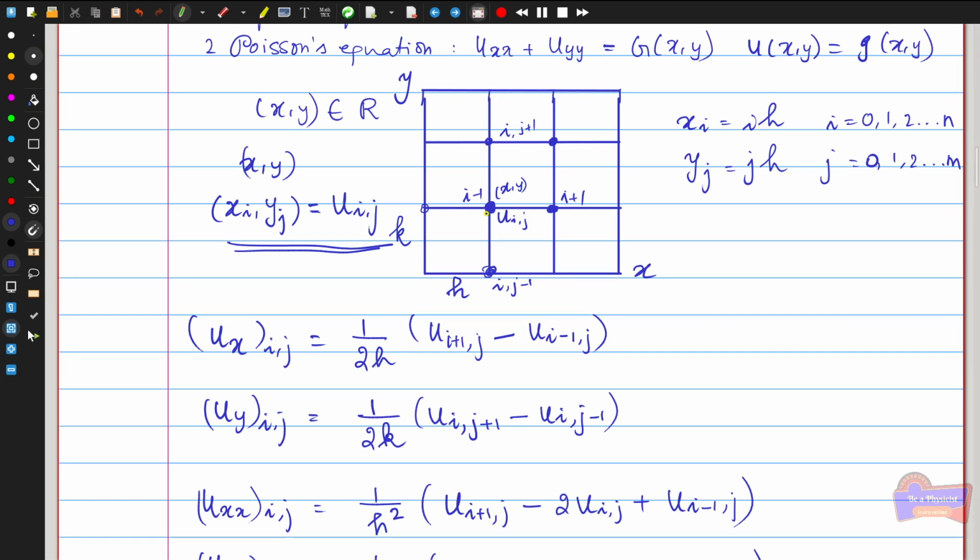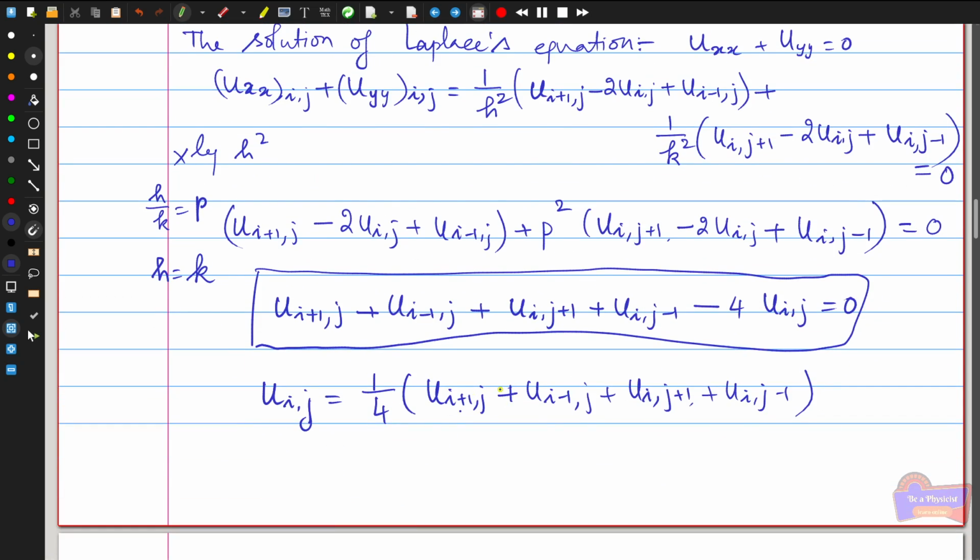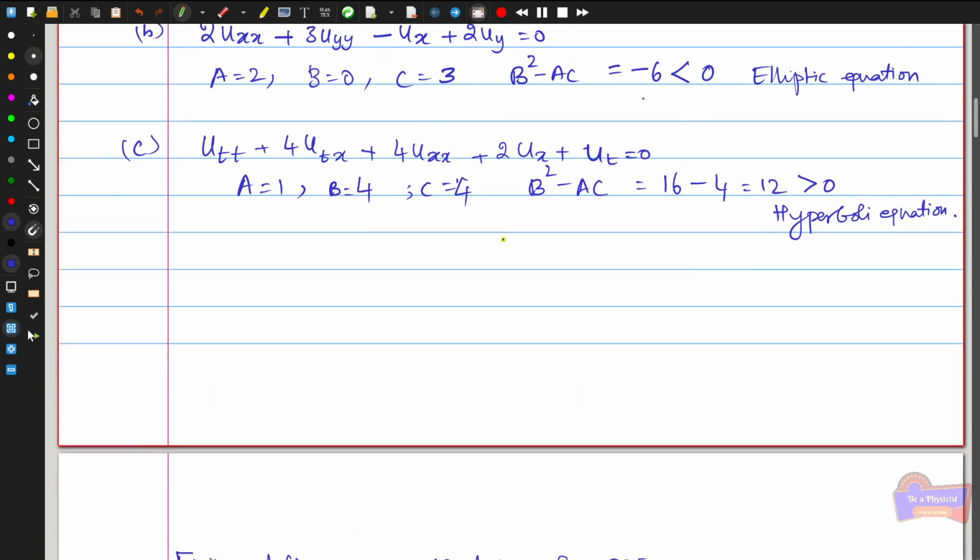So if you want to find out this point, then you require the values of these 4 points. Sorry, this is the i minus 1 comma j point. So if you want to find the solution of this point, you require the values of these 4 points, and if you know these values, then using this formula, you can find out the solution of this point. Okay.